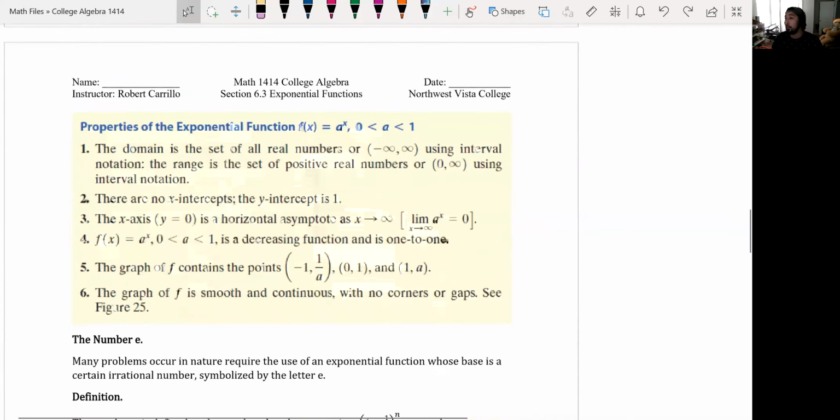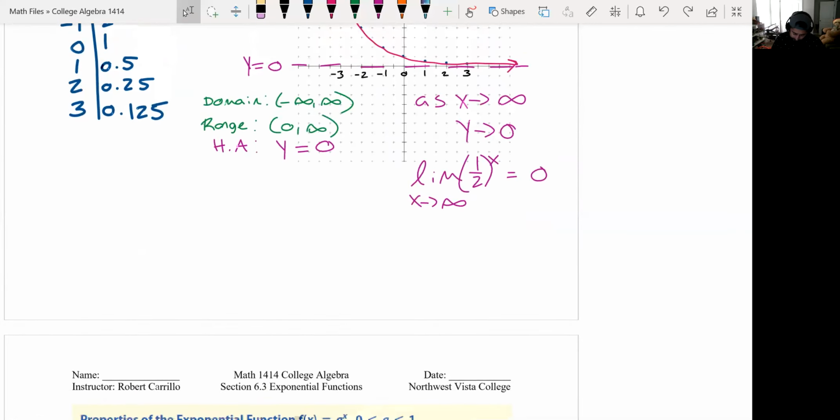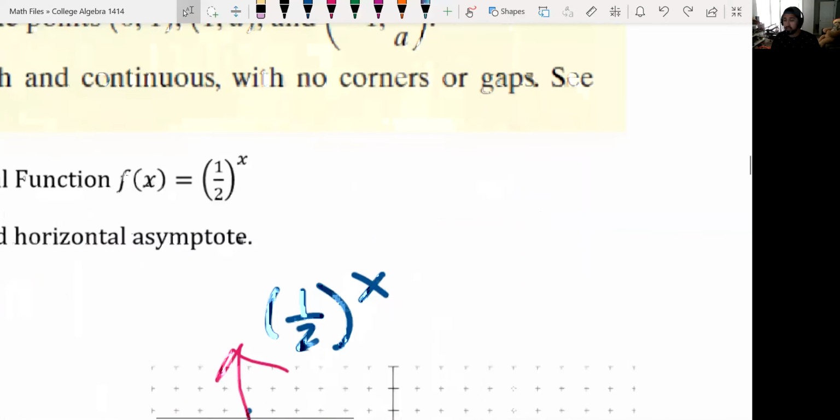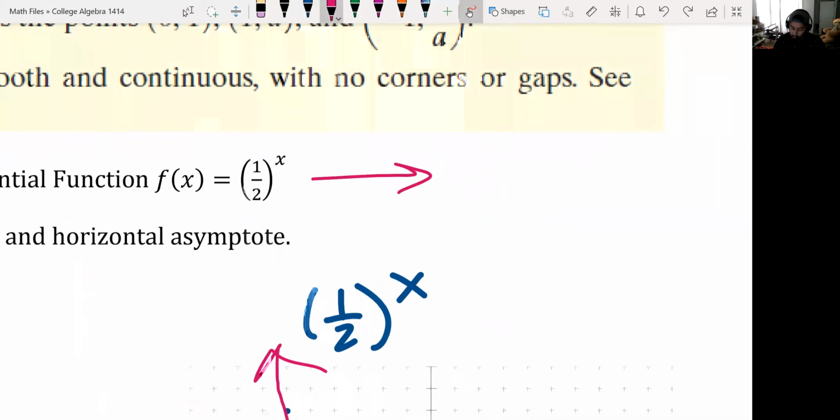Okay, marvelous. All right. Oh yeah, before moving on, if you think about exponential properties and then transformations, there could be another way to graph this. So you could rewrite this function. 1/2 is basically 2 to the -1 by the negative exponent property.